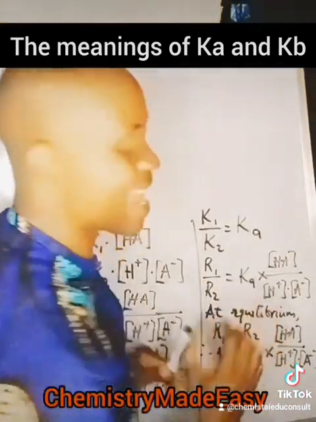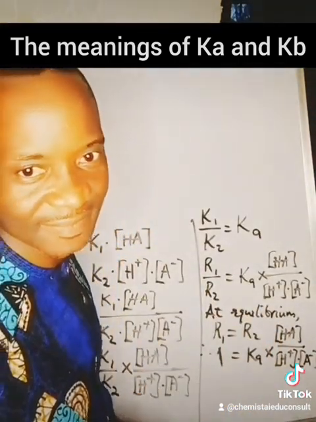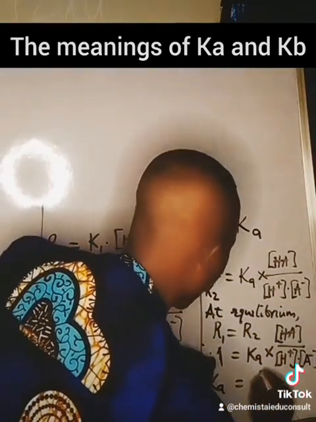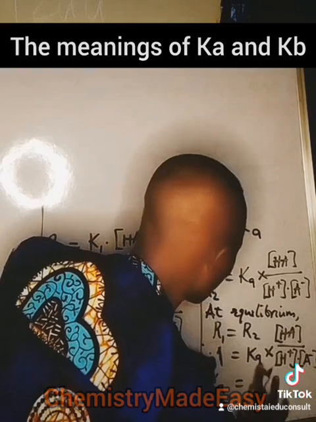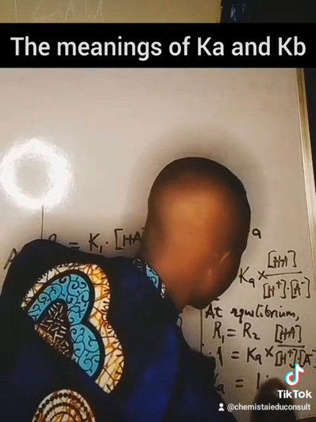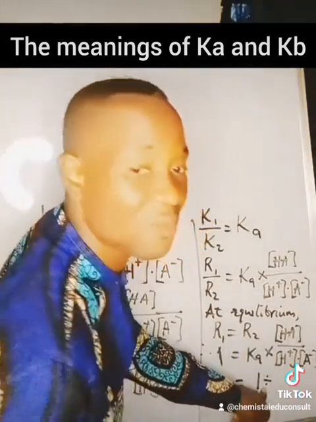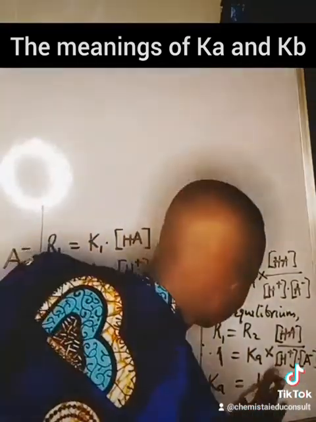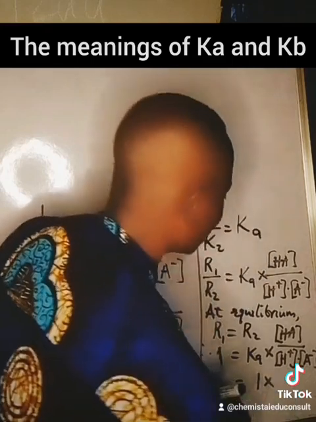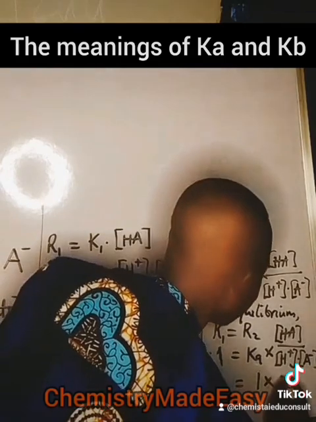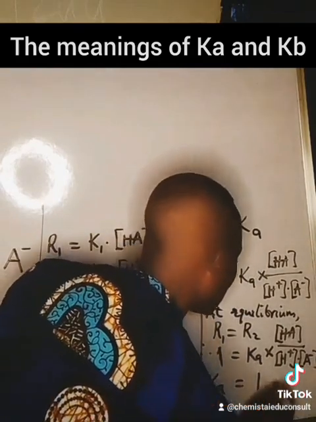Now we make Ka the subject of the formula. Ka is equal to this one divided by this. But we can change division to multiplication immediately. So instead of writing this over this, we write this over this, and this multiplication can be a dot.